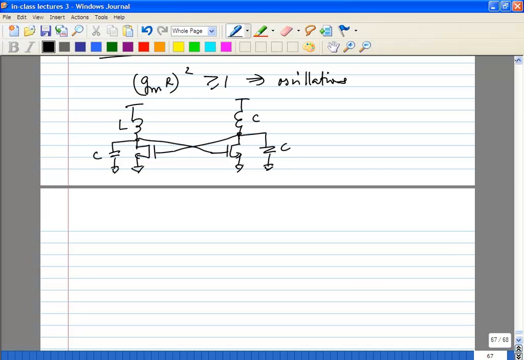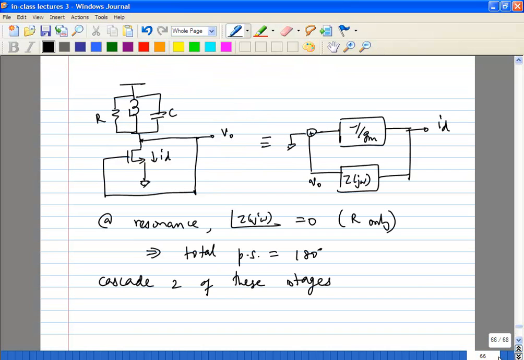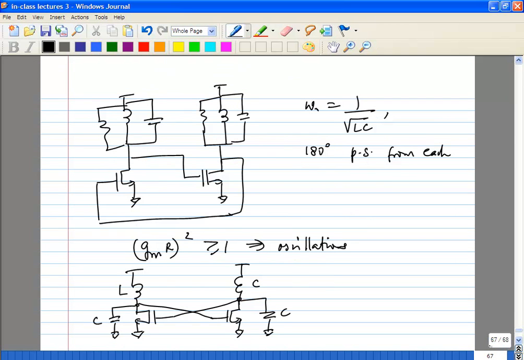This you might have seen in many places, it's just a redrawing of the same thing. What I've done is I've removed the inherent R. You can just assume L and C are non-ideal, there's an inherent R. I've just redrawn it slightly differently, that's all. And this is pretty much the basis for most RF on-chip oscillators, on-chip VCOs.